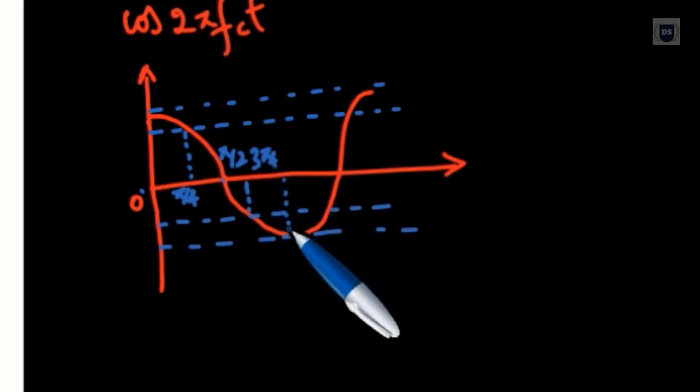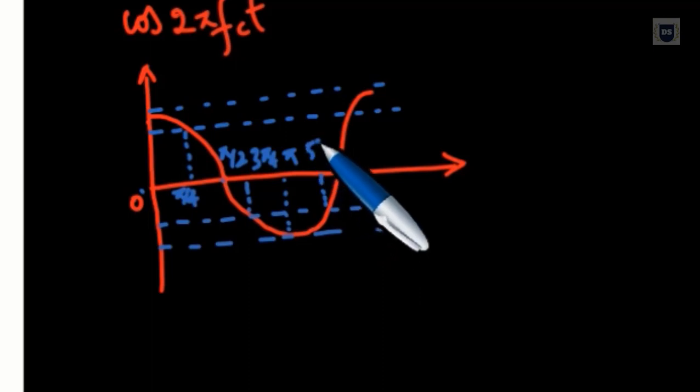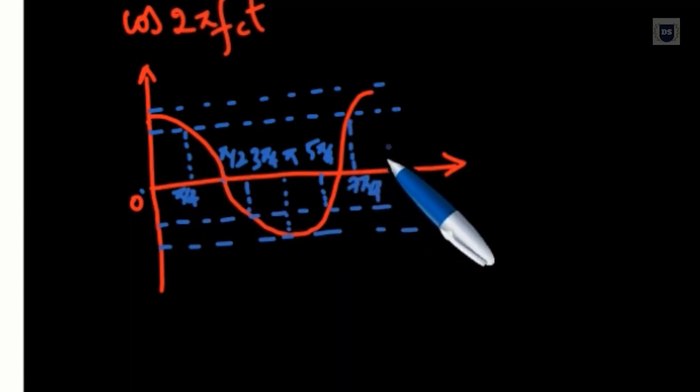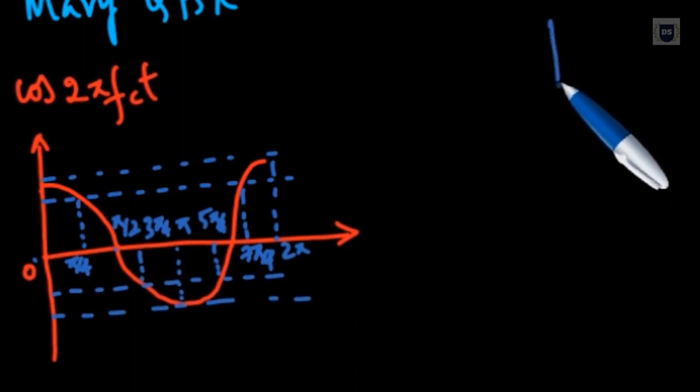Similarly, this angle corresponds to pi, this angle corresponds to 5 pi by 4, and this angle over here corresponds to 7 pi by 4, and finally this angle corresponds to 2 pi. And let me draw the constellation diagram.